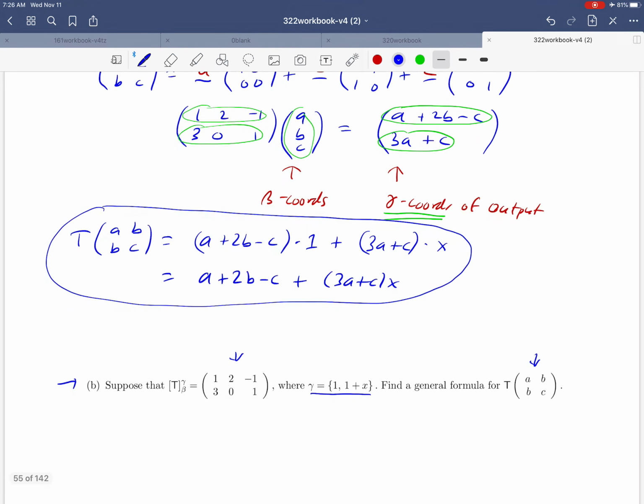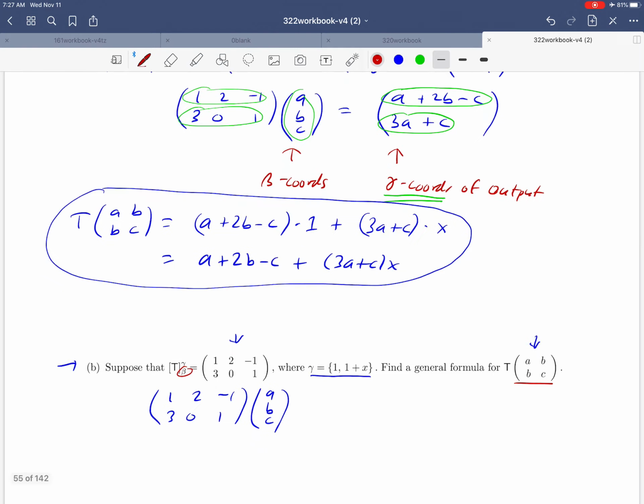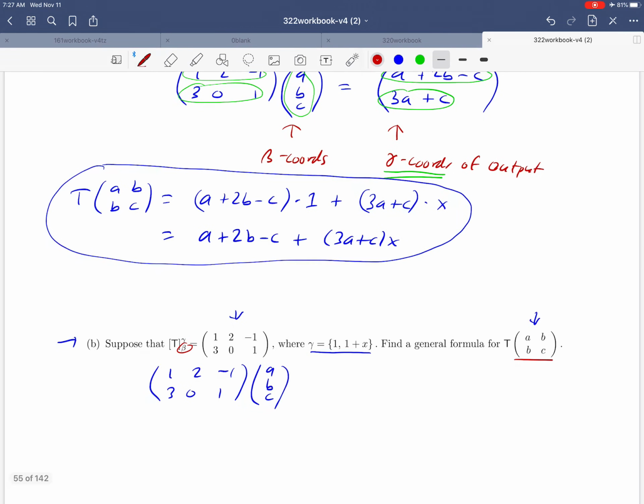The process here is going to be the same. The matrix still has the same interpretation. It's going to take us from beta coordinates for our input, and notice that our input hasn't changed and neither has beta. That's the same basis that was given to us in the problem. So we're still going to get a, b, and c here. Those are still the beta coordinates of our input.